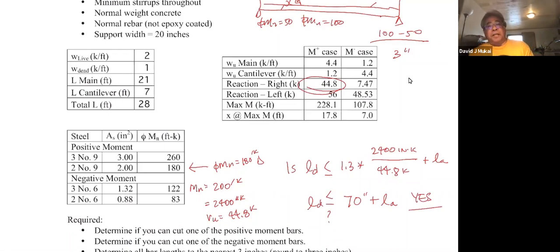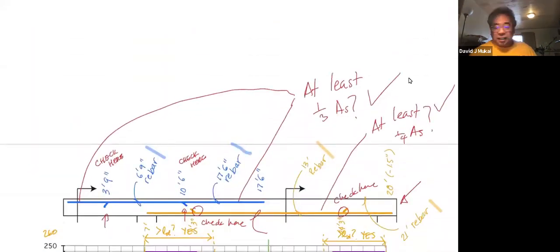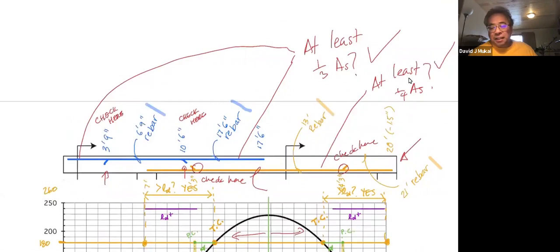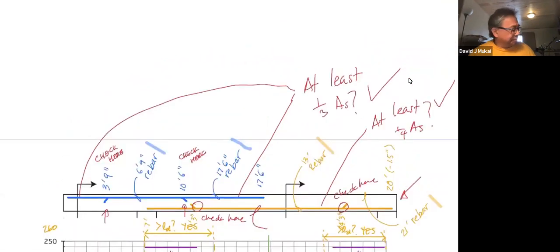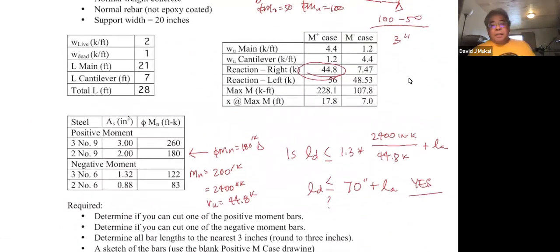We don't need to know what LA is, and that's fortunate because I don't think I actually drew it on the picture. I didn't tell you how wide that support was. So that's it.